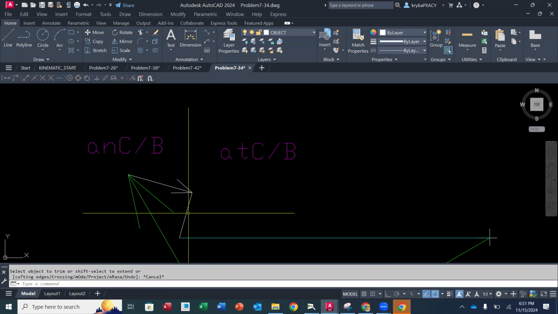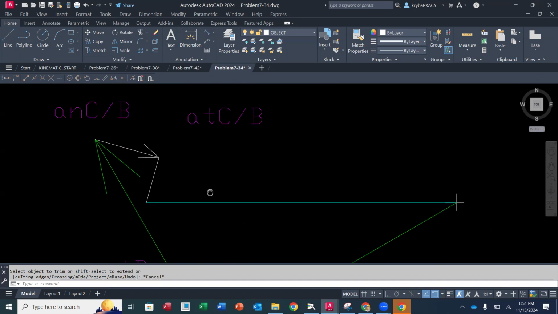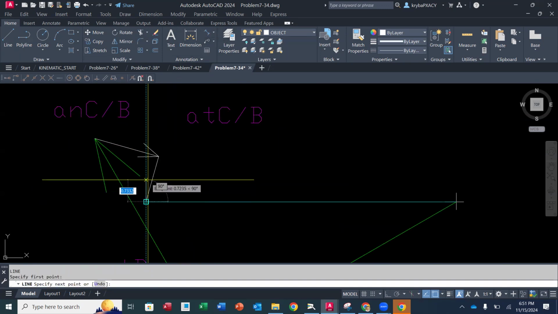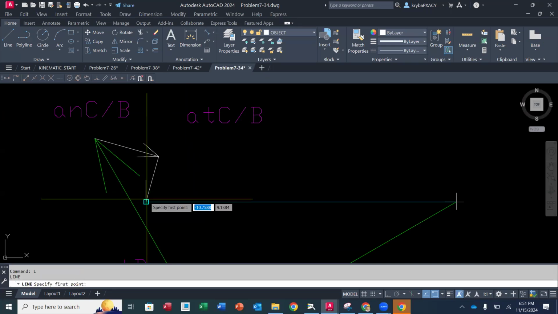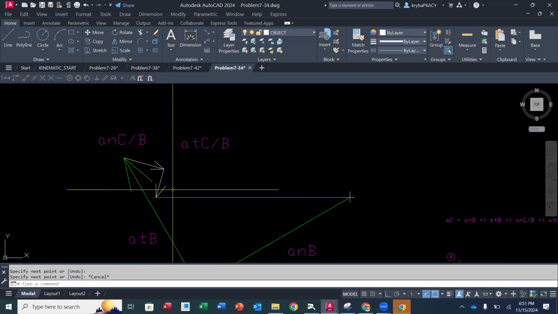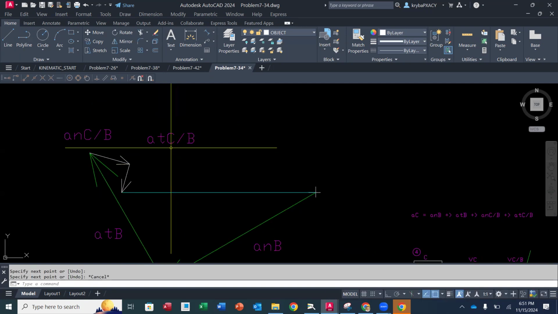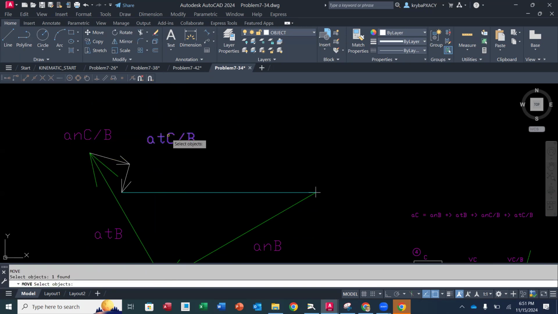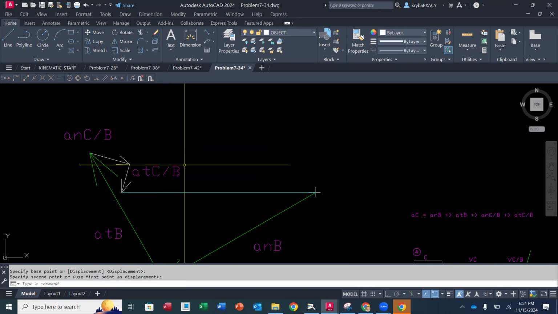So the tangential is down here. And since this is the intersection, that means that its arrowhead is going to be going down and to the leftish, right? That's going to be that one.